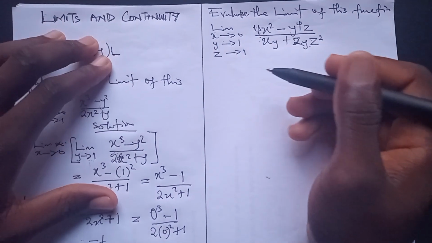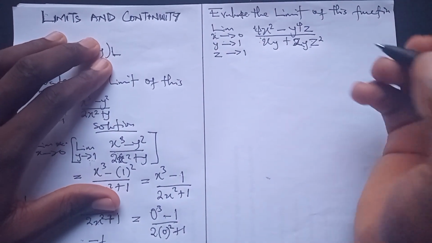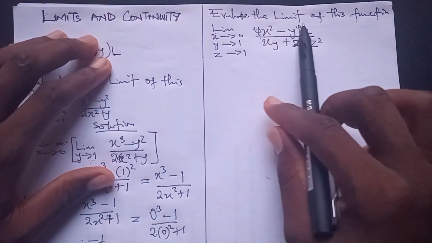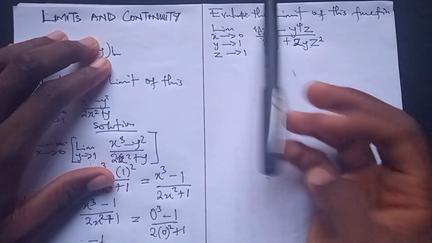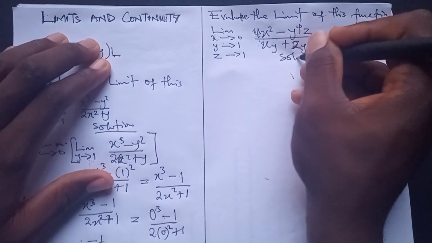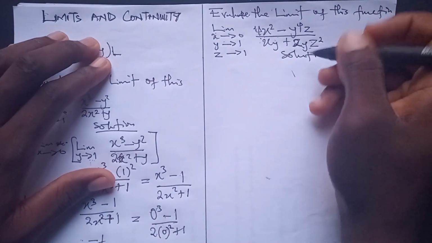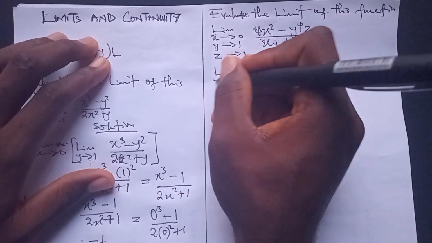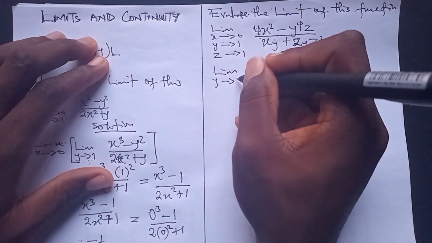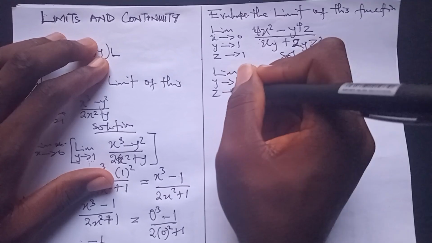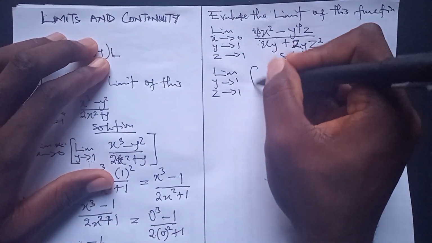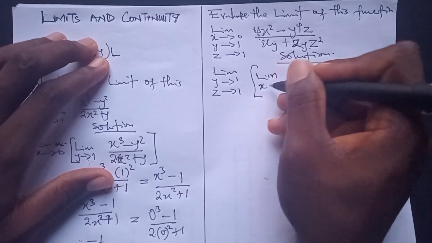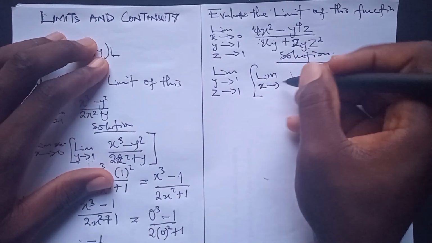Now let's attempt the second question with direct substitution method. So now the second question says evaluate the limit of this function. So now using direct substitution, solution: we take the limit when y tends to 1 and when z tends to 1, limit of when x tends to 0.